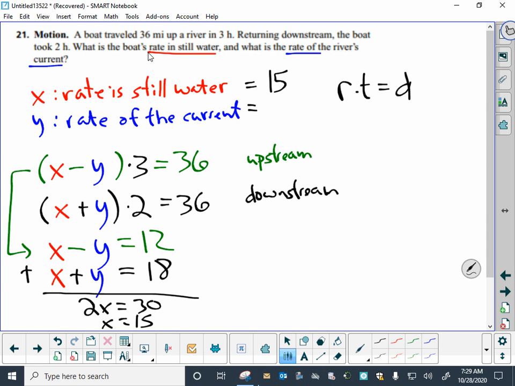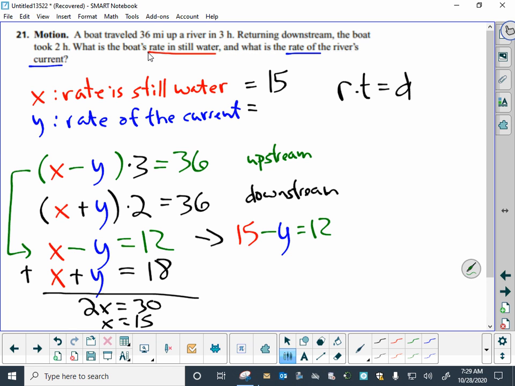And I can use one of my other equations then, like if I borrow this one, now that I know that x is 15, this says 15 minus whatever y is has to equal 12.